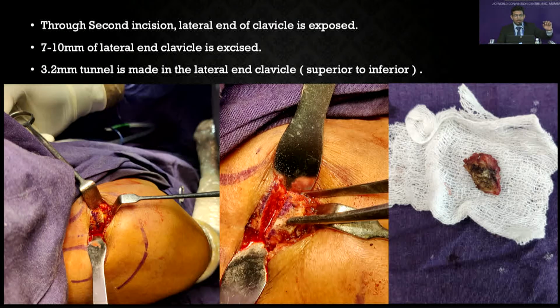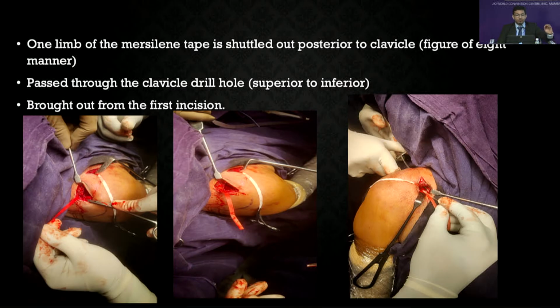Then the second incision is taken over the lateral end of the clavicle, and 7 to 10 mm of the lateral end of the clavicle is excised. With the help of a 3.2 mm drill bit, we drill the clavicle from superior to inferior. Then one limb of the muslin tape is shuttled out from the second incision, posterior to the clavicle.